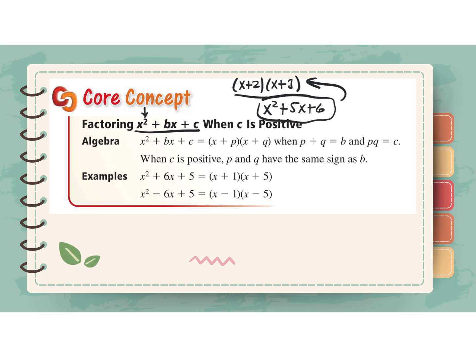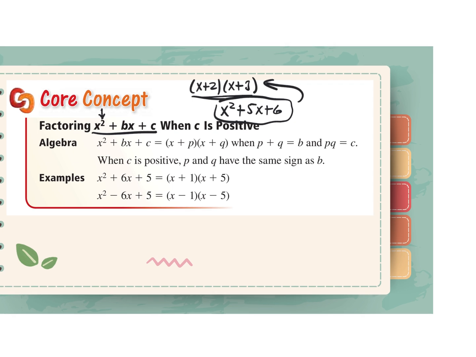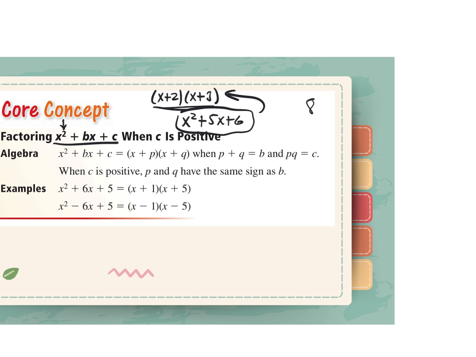So this x plus 2 and x plus 3, these are considered factors, right? Remember that you guys know factors as numbers that when you multiply together, you get some answer, right? So for example, 8 has factors of 2 times 4, right? These aren't the only factors, but these are examples of factors, right? 2 is a factor and 4 is a factor.